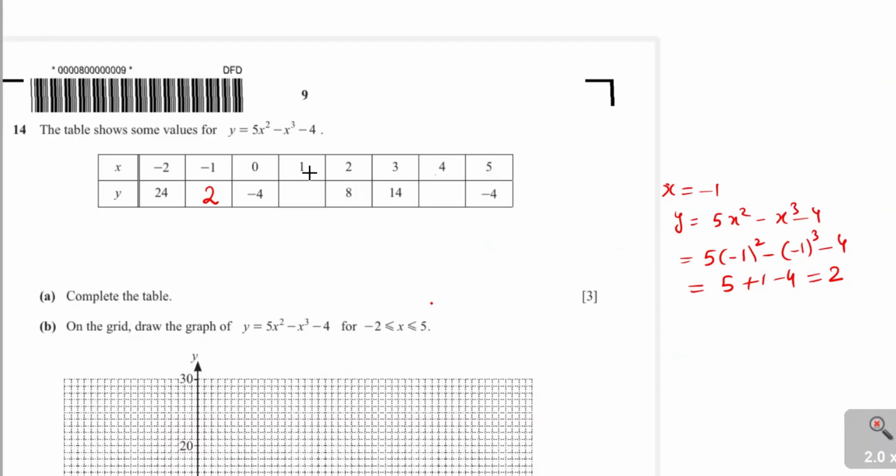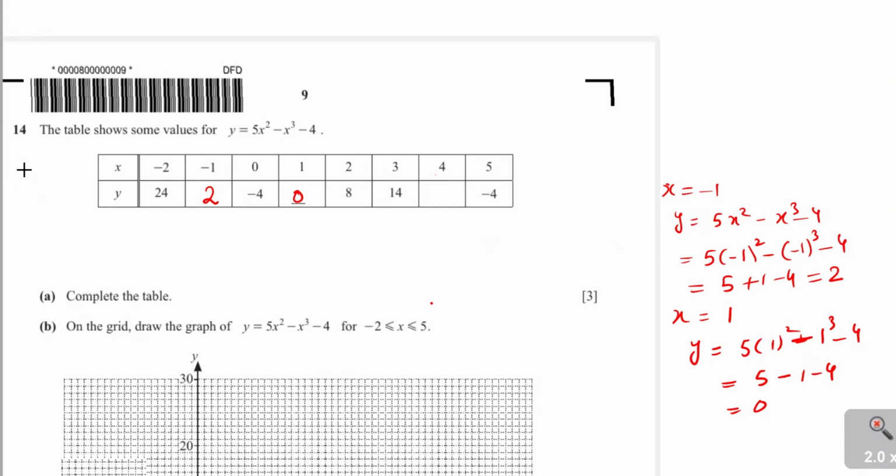Next value x equal to 1. We can calculate this value when x equal to 1. Then y will be equal to 5 into 1 square minus 1 cube minus 4. We write 5 minus 1 minus 4. This value is equal to 0. Next value is 4.